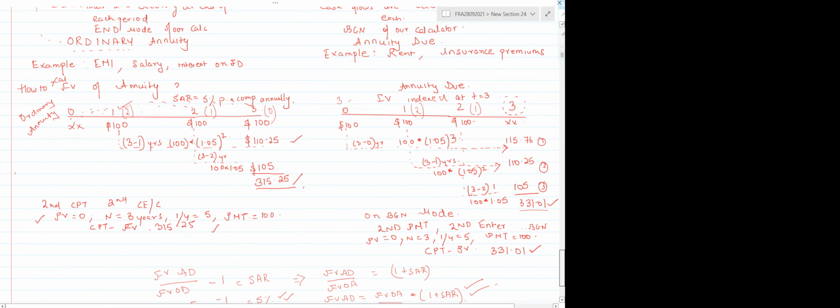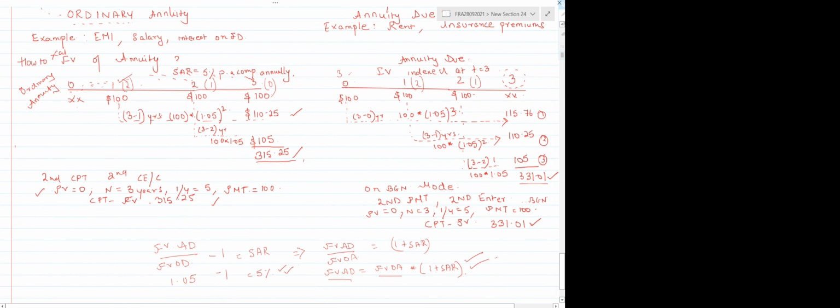Why is future value higher by a factor of 1 plus r under annuity due? Because while calculating my future value, each cash flow is being compounded for one period more, right? The first cash flow is being compounded for 3 years, the second for 2 years, and the third for 1 year.